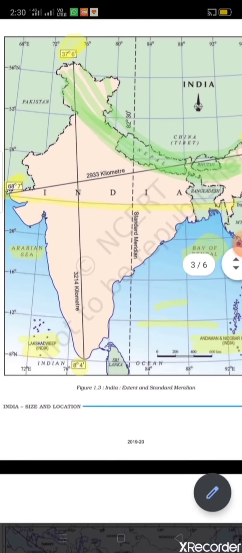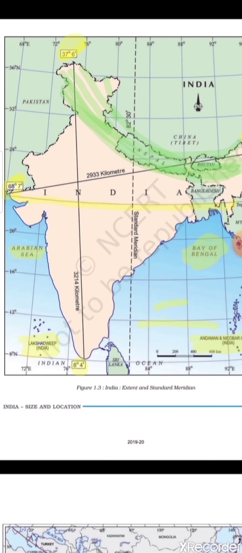The Tropic of Cancer divides the country into two equal parts. The landmass of India has an area of 3.28 million square kilometers, that is 2.4% of the world.